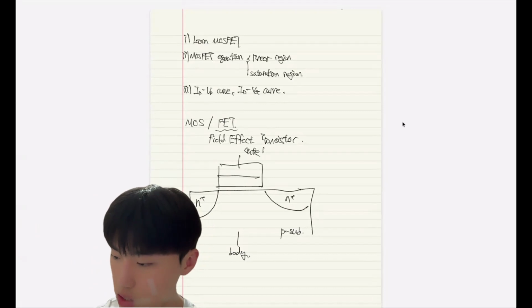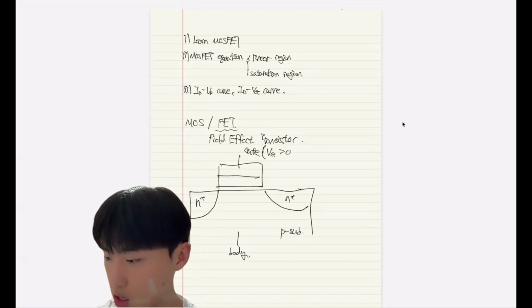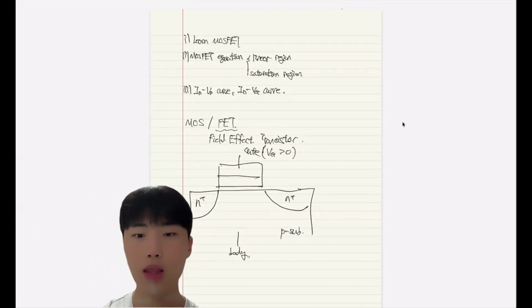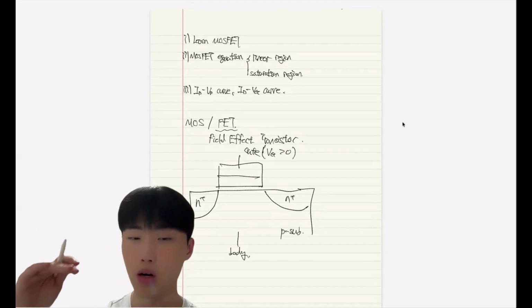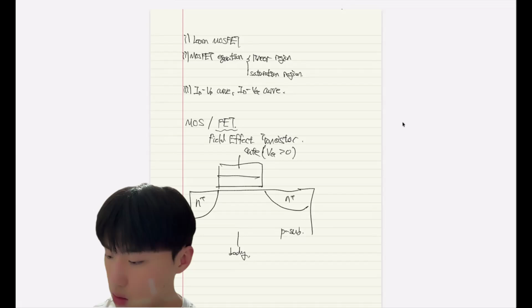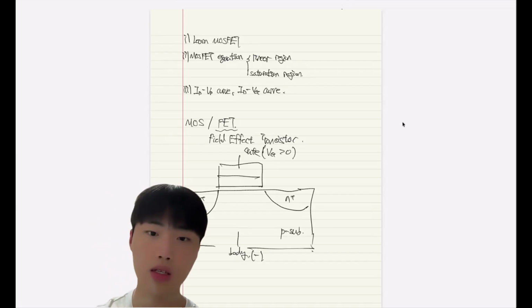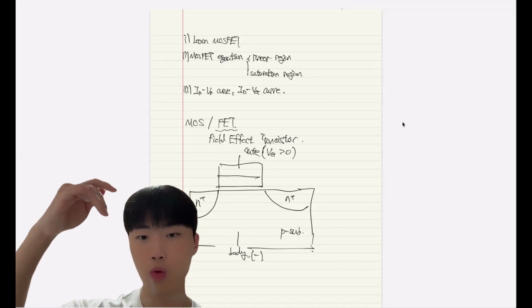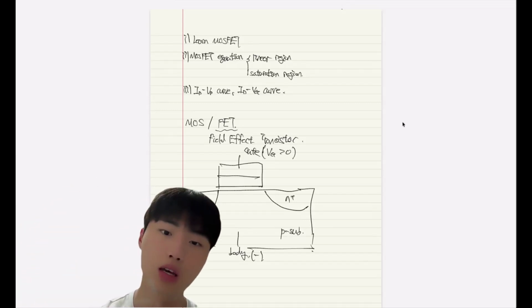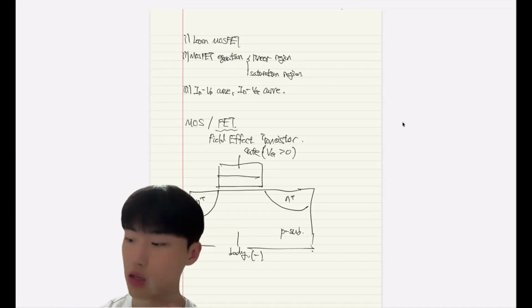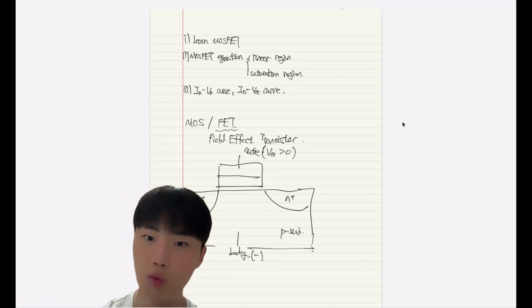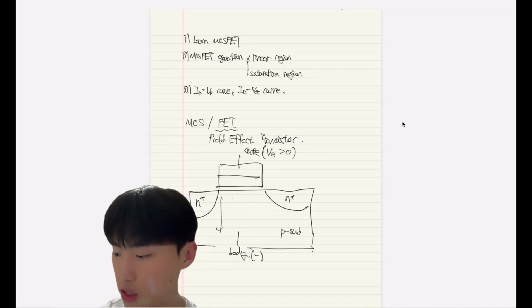We call this V sub G, and this will be positive. When there is a positive gate bias and the body is on minus bias, you will have a vertical electric field, and the direction will be top to bottom like this.